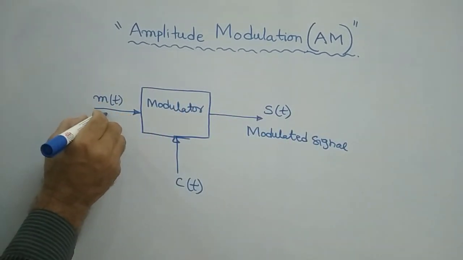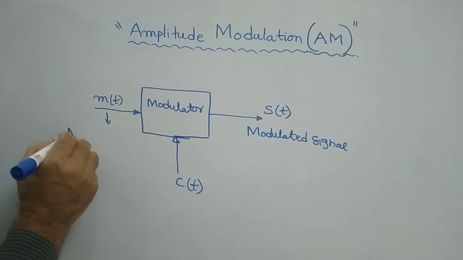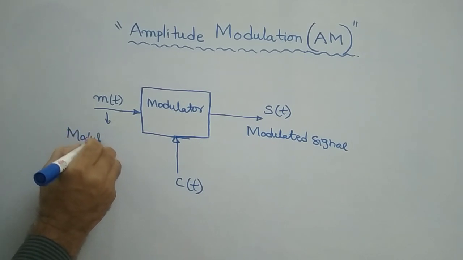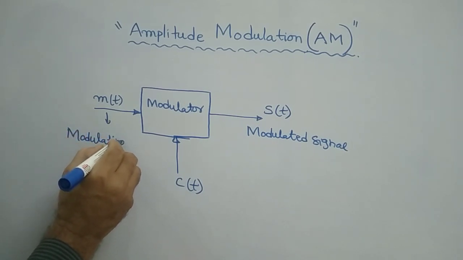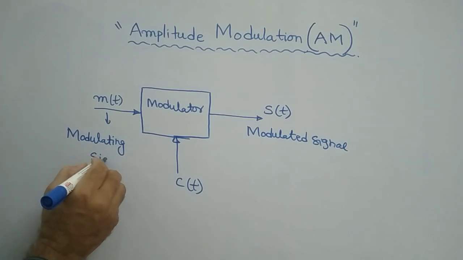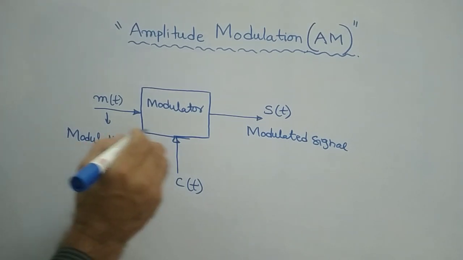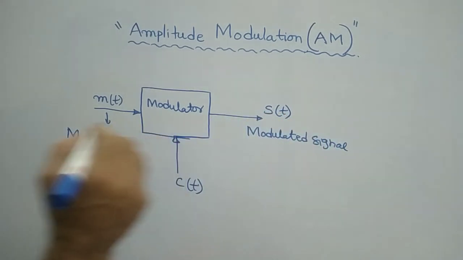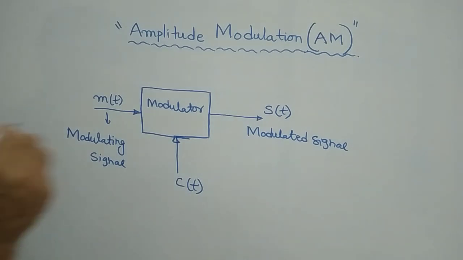Here m of t is nothing but the modulating signal. This is your modulating signal, and this is your modulated signal, right?